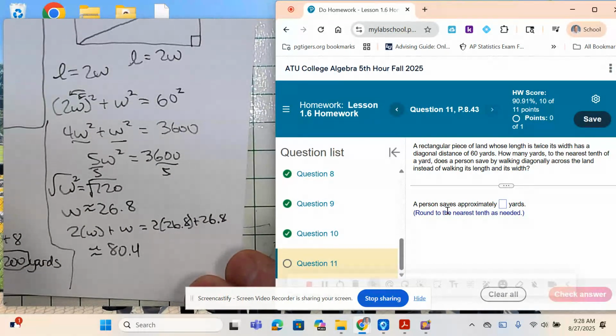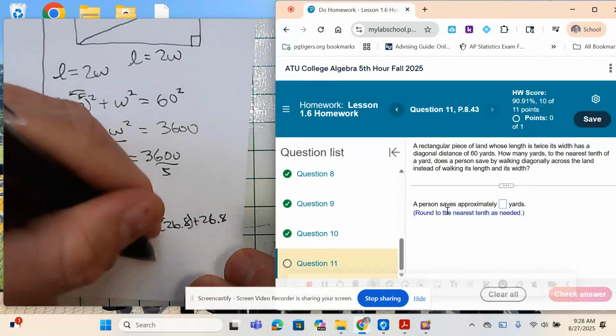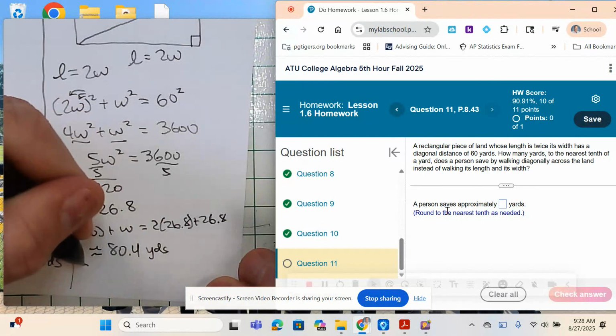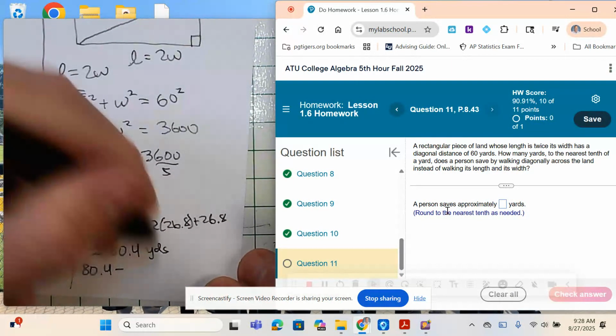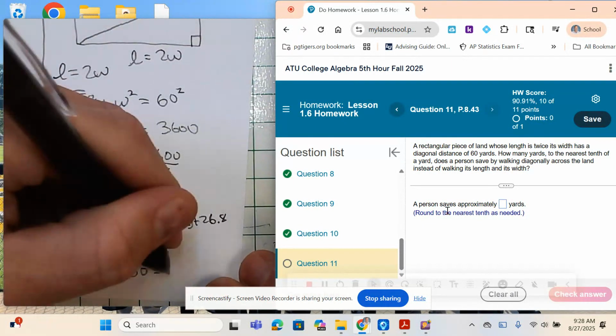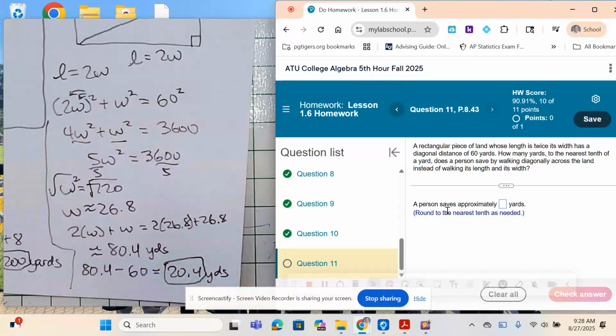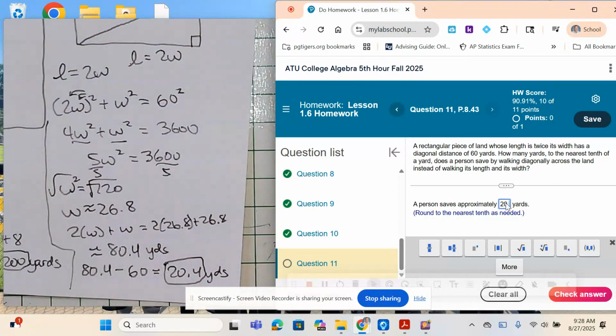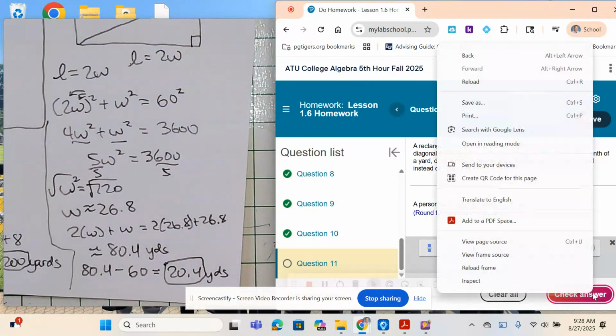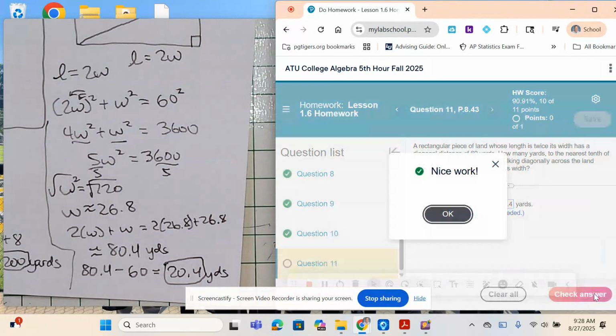Now I'm going to do 80.4 minus the diagonal 60, and that'll tell us how much further I went. So it should be 20.4 yards. Please be right.